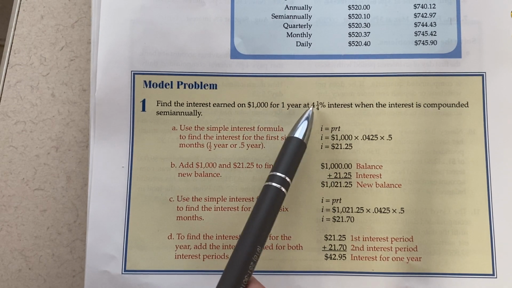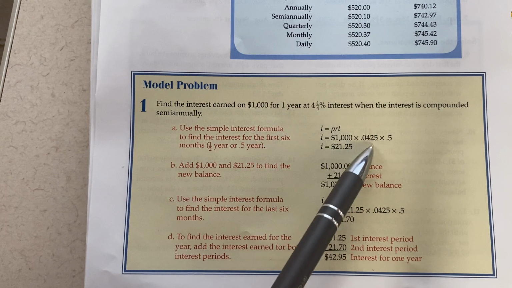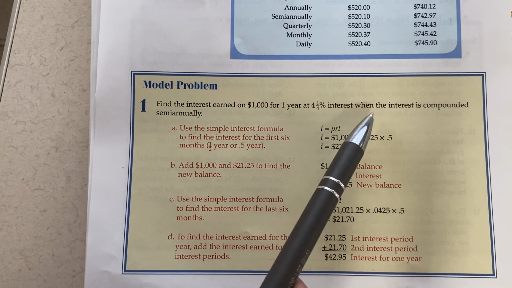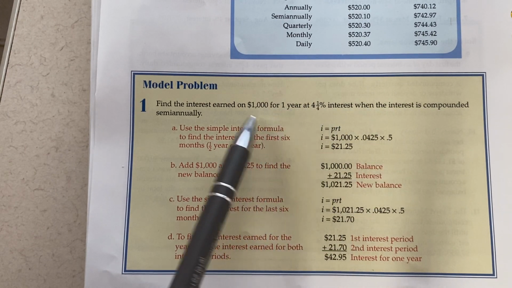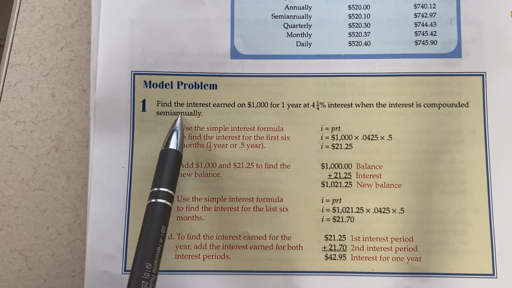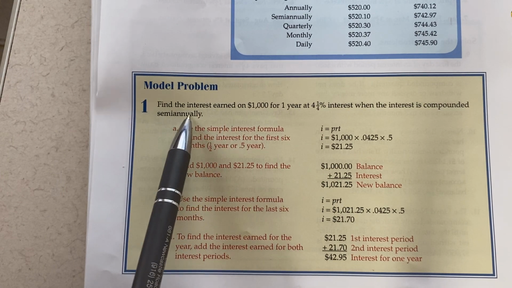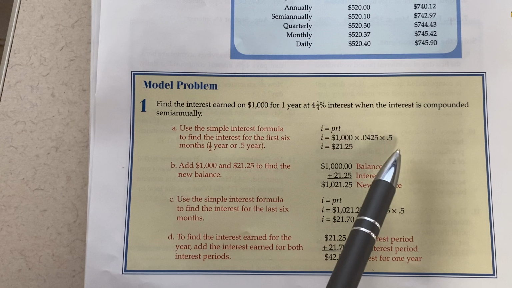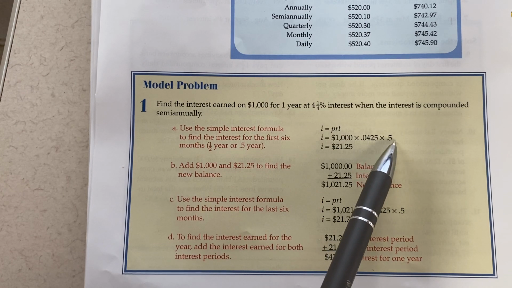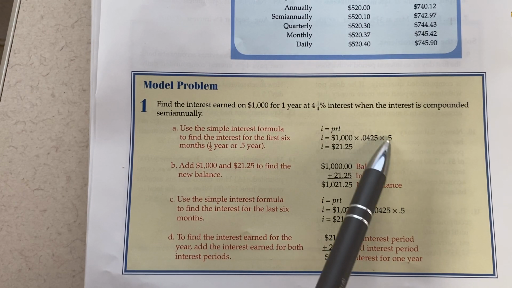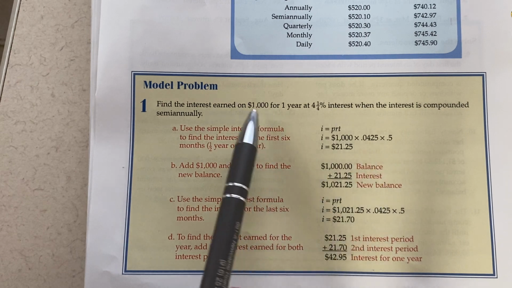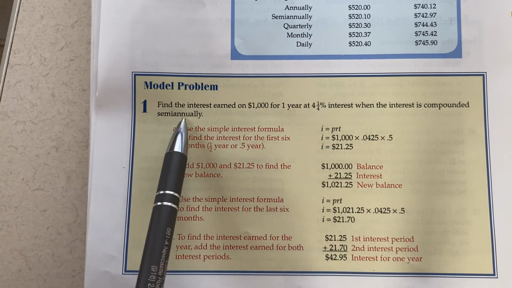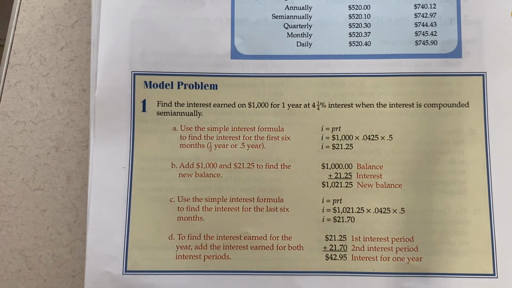It's going to be 0.0425, changing that to decimal. And then it's compounded semi-annually, which means semi means 2 times a year, in 6 months. 6 months is half a year, so half a year would be 0.5 because that would be the time period. Semi-annually means half a year, right? And so we have that.